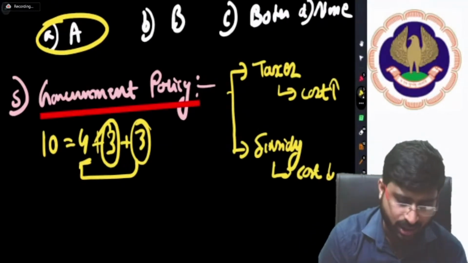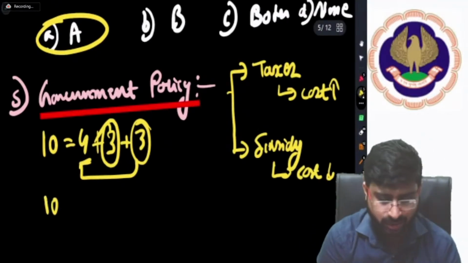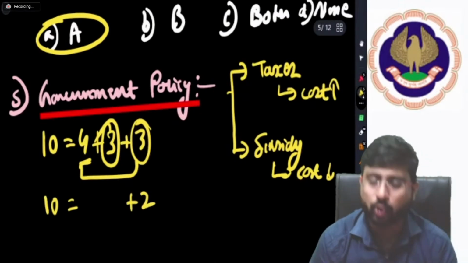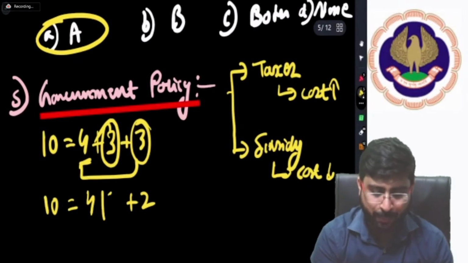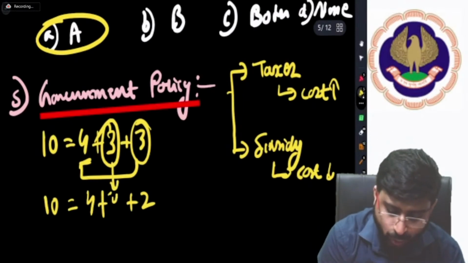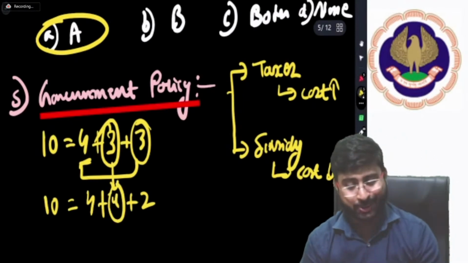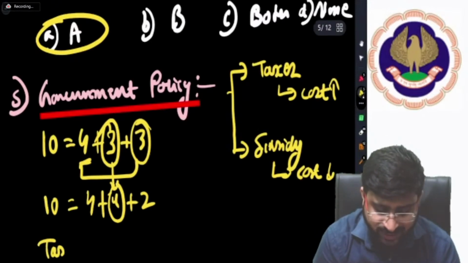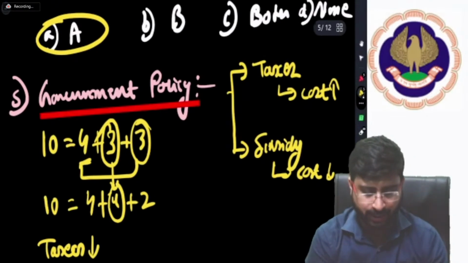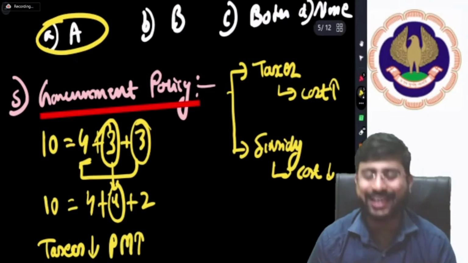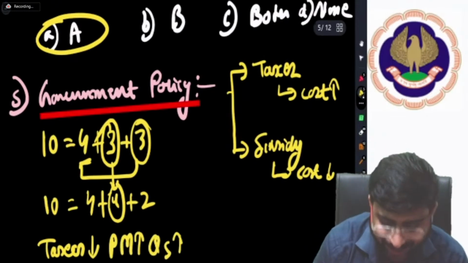But pay attention. If government reduces the tax, then what will happen? Suppose the tax is now 2 rupees. Cost is again 4 rupees. So now my profit margin has improved from 3 rupees to 4 rupees. So what does it mean? If taxes is reduced by the government, profit margin will rise. And so quantity supplied will rise.